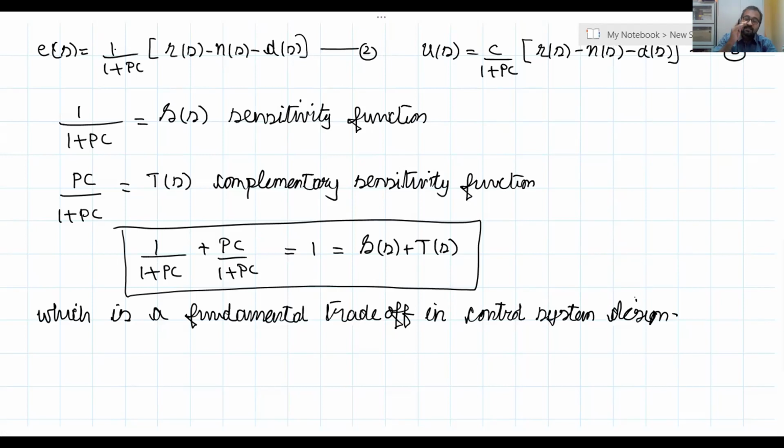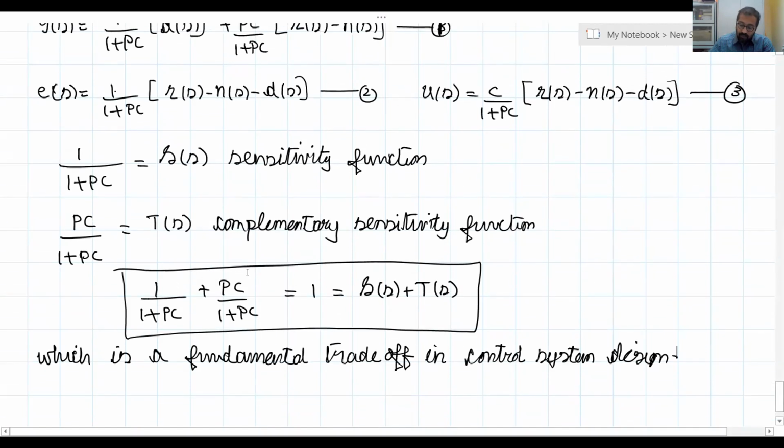Or if sensitivity is low, then complementary sensitivity has to be high, so that S plus T is equal to 1 always. This property S plus T equal to 1 indicates that you cannot have both sensitivity and complementary sensitivity high or low at the same given time. That's the fundamental trade-off.